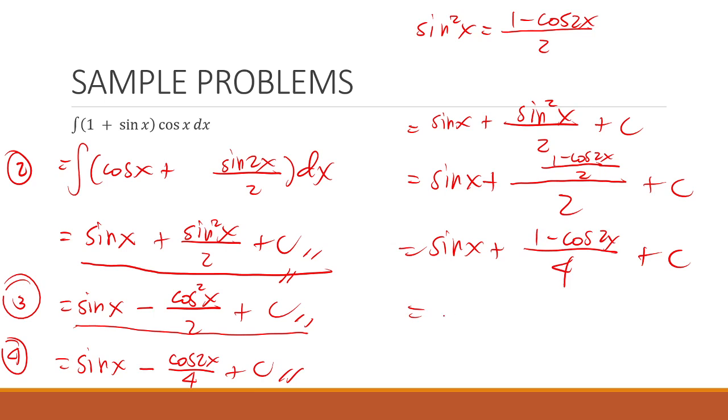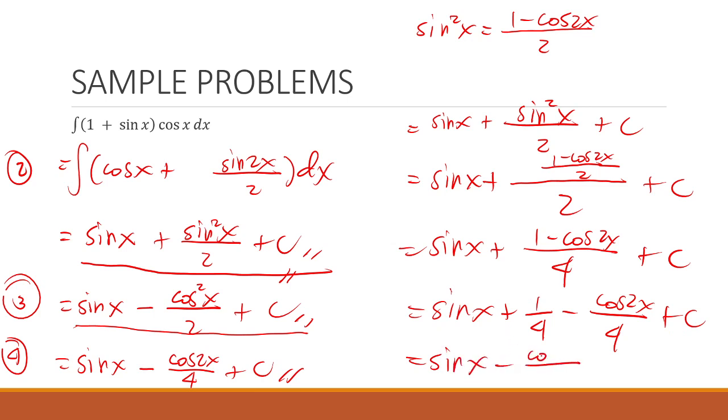Okay? So, the integral now converted na sine x plus, distribute itong 1/4. So, plus 1/4 minus cosine 2x over 4 plus c. And then, constants, itong 1/4 can be combined with c para maging overall na constant. So, sine x minus cosine 2x over 4 plus c. Right? Equivalent to this one.